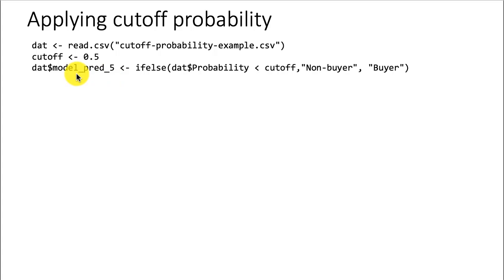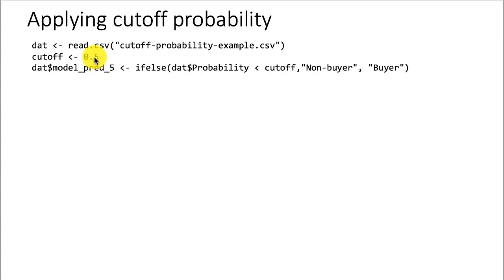That is why I call the new column model_pred. And I said _5 just to indicate that these are predictions with a cutoff of 0.5. There's no hard and fast rule that says how you're supposed to name them, but I thought this would conveniently tell us, the moment we look at the column name, that this is a model prediction and it has been applied with a probability of 0.5. That's it. And how do I generate that?